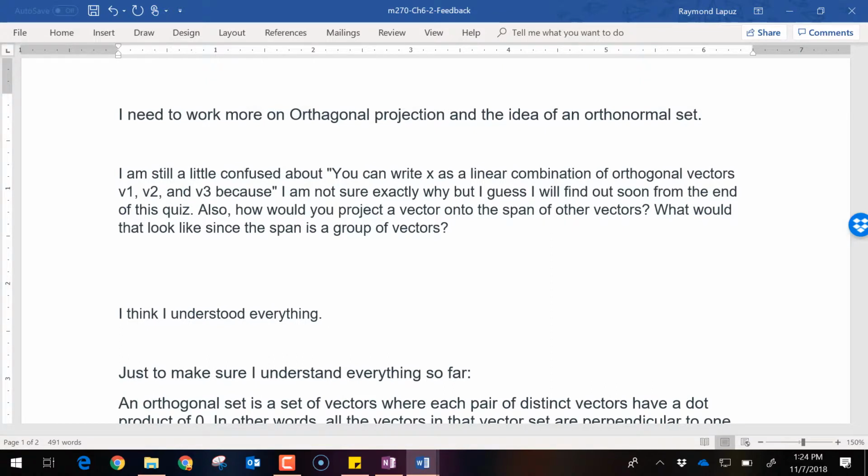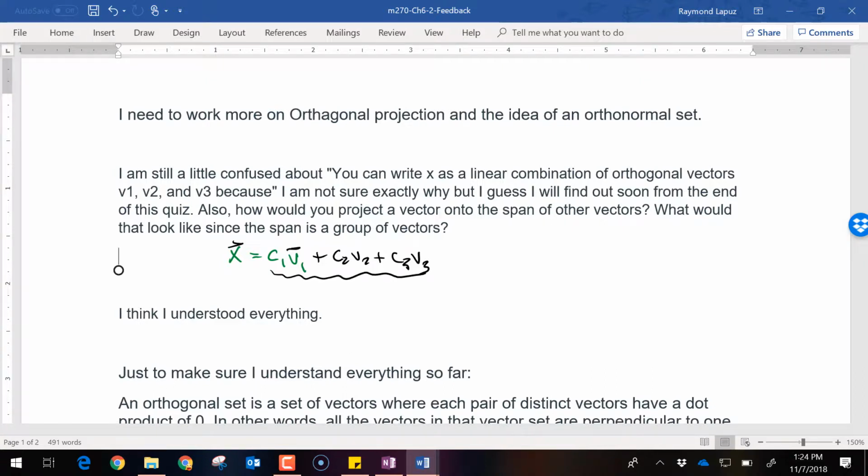So if I want to comment on this, you can write X as a linear combination of orthogonal vectors. So X is equal to C1 V1, and let's put highlights on the vectors. Whoa, why did it turn black? C2 V2 plus C3 V3.